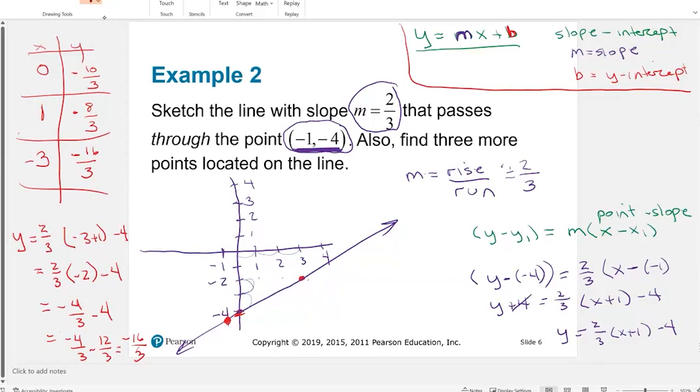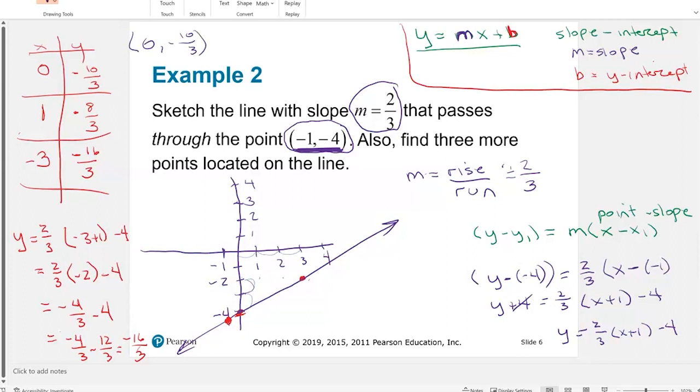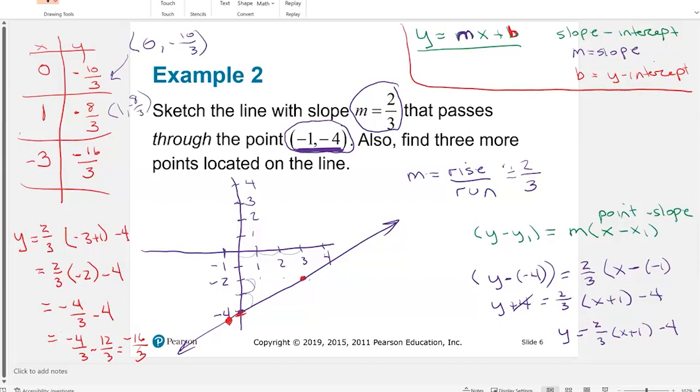So there's 3 new points. And I would have to write it out like this: x, comma, y. That's for the first one, right? x, comma, y. x, comma, y. That's usually the way they want it.